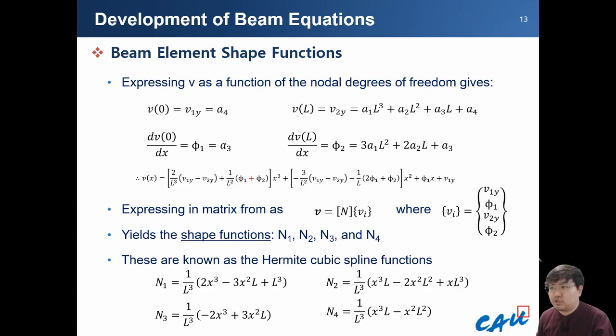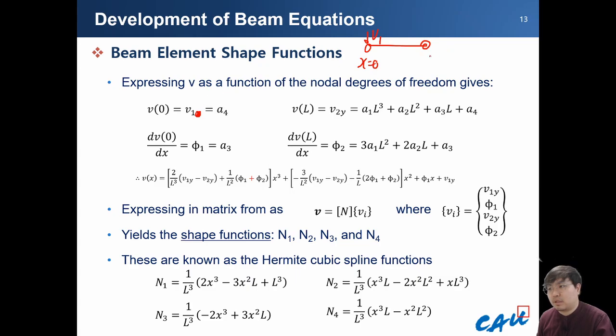Let's obtain the coefficient details. Here at x equal to 0, the displacement is always equal to v1. Actually you don't need the y subscript here, since v already indicates the displacement in the y direction.